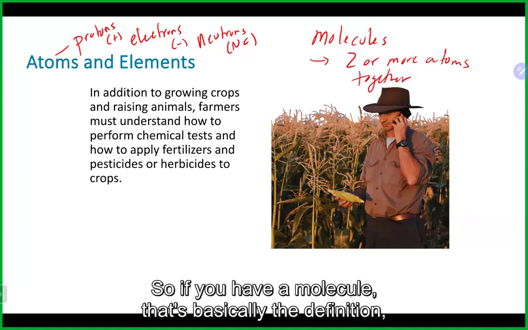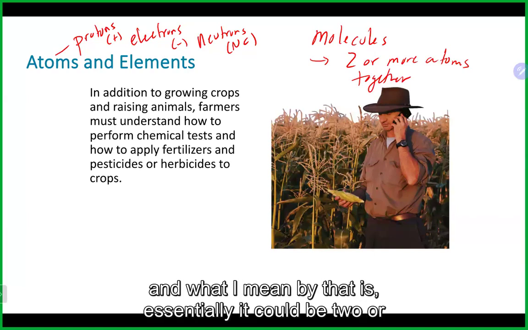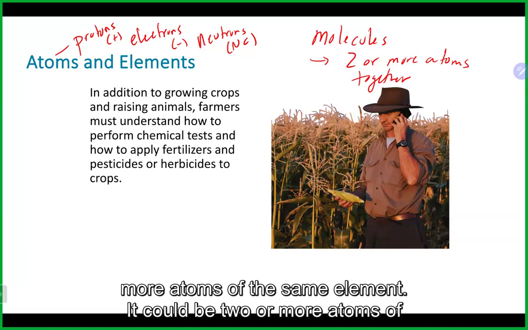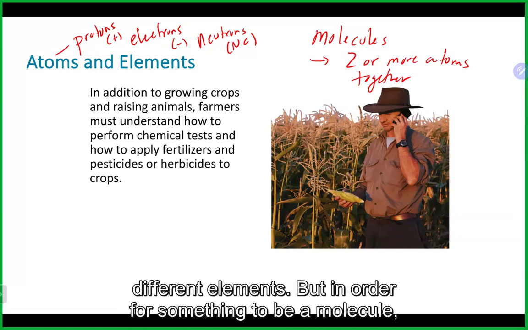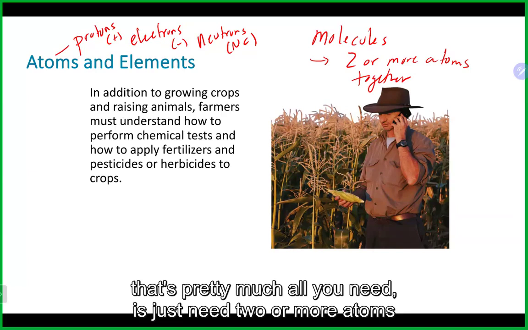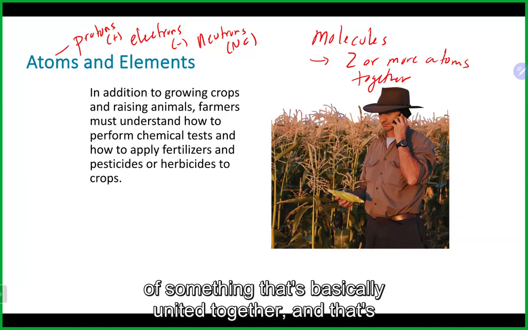What I mean by that is it could be 2 or more atoms of the same element. It could be 2 or more atoms of different elements. But in order for something to be a molecule, that's pretty much all you need. It just needs 2 or more atoms united together.